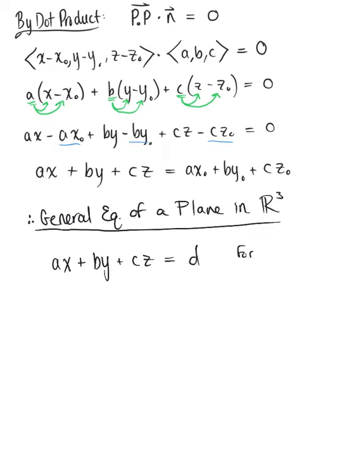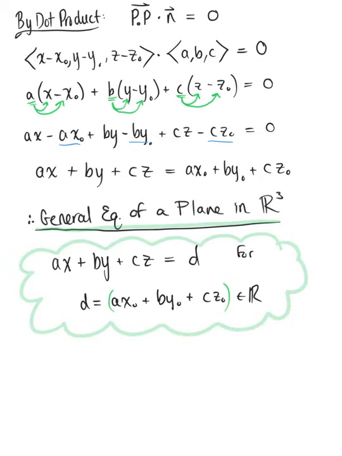And this is for d, of course, equal to ax naught plus by naught plus cz naught. Forgot my c. And keep in mind that this, of course, is just a scalar. This is a constant. So this is the general equation for a plane in R3.